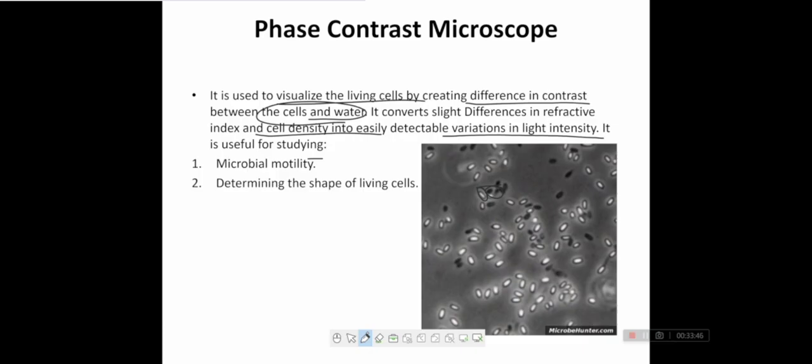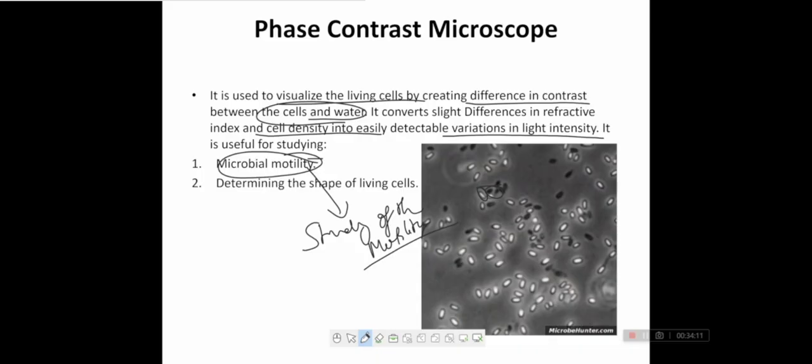It is useful for studying microbial motility. These techniques are used for the study of motility. And second, what are the applications?